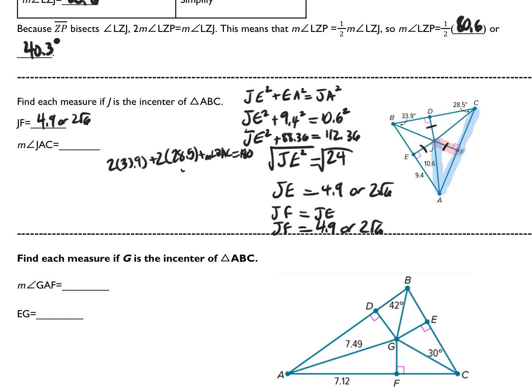Well, 2 times 33.9 is 67.8. 2 times 28.5 is 57 degrees. So 67.8 plus 57 is 124.8.